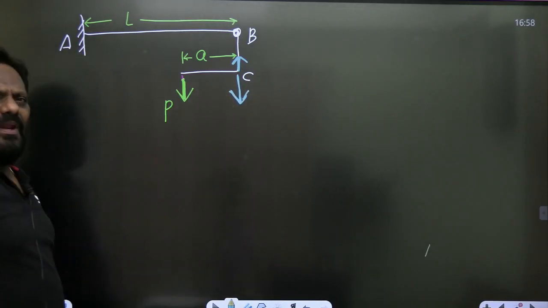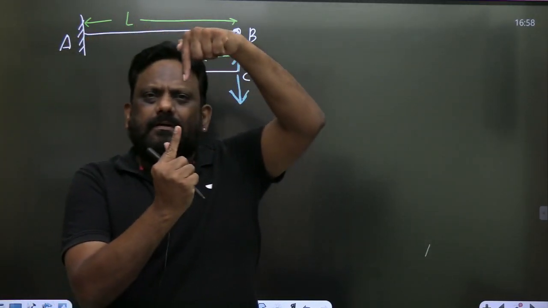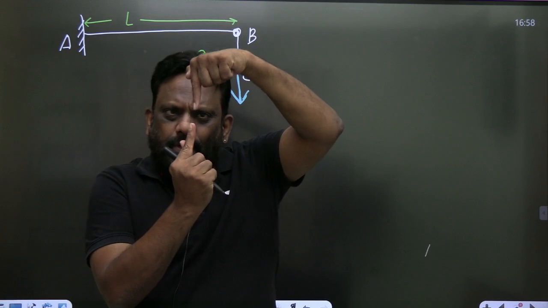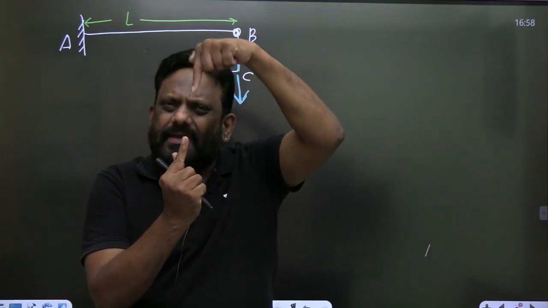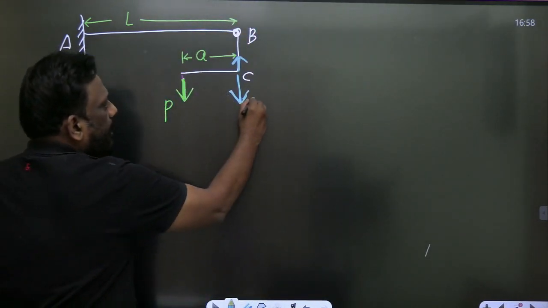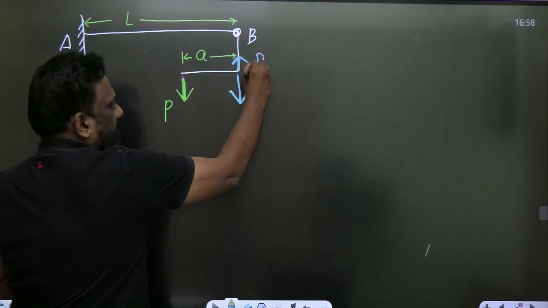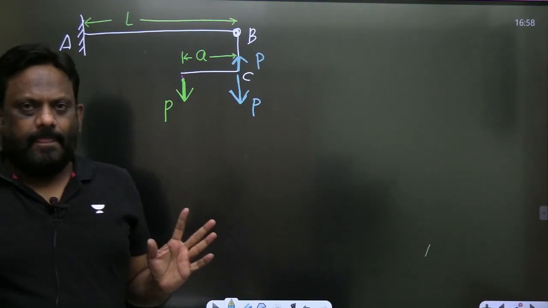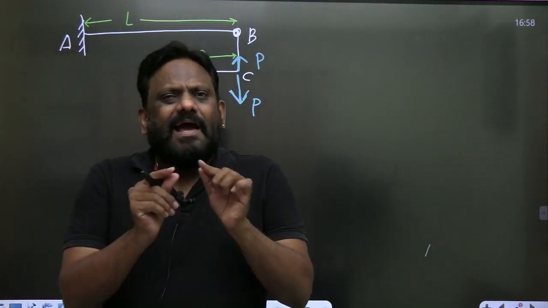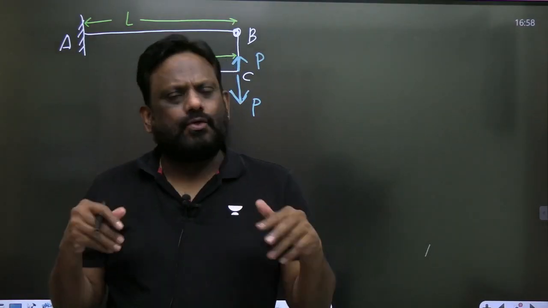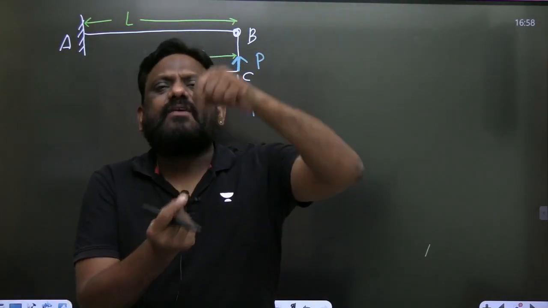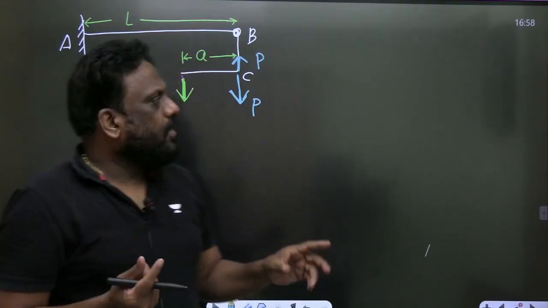Whenever I substitute two loads equal in magnitude but opposite in direction, it has no effect. Why? They are not separated by any distance, so there is no net couple, and they are equal and opposite, so the net force is also 0. So I can do it like this.